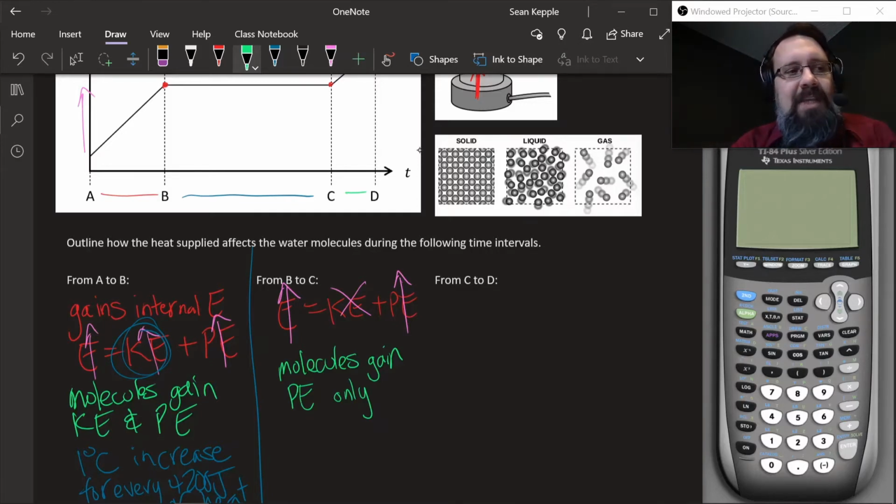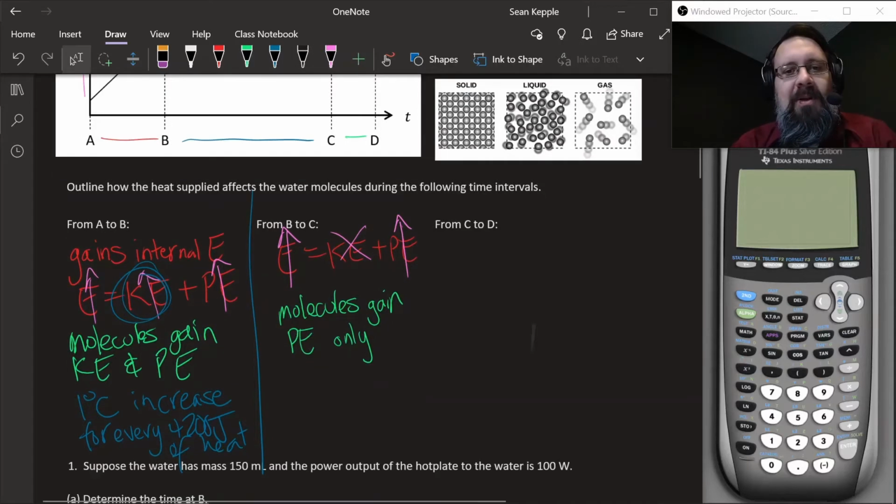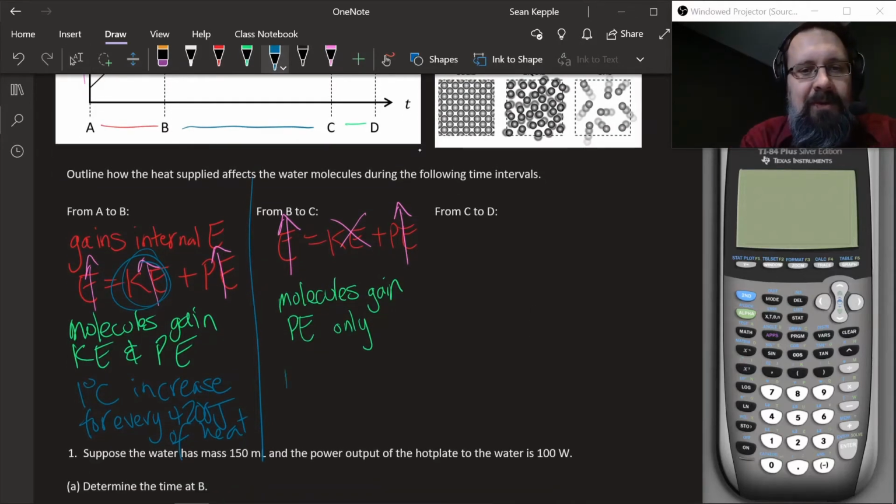So the molecules are pulled apart, and when you pull water molecules apart, they go from being a liquid to being a gas.